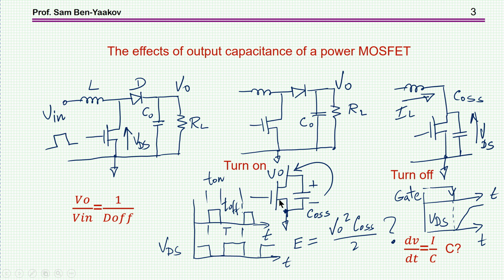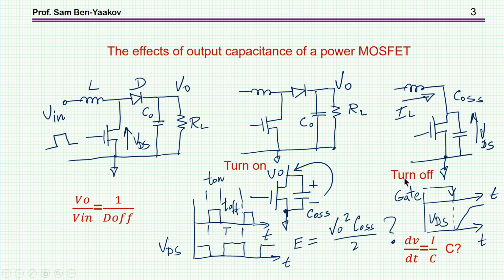And the rate at which this energy is pumped in is the total power. That is, the higher the frequency, the higher the number of switching instances per second. There'll be more and more energy going into the transistor, and it could be significant. So this is the turn on instant and the effect of the output capacitor.